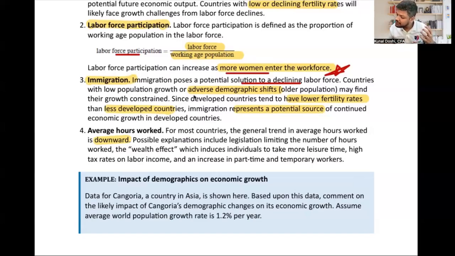Possible explanations include legislation limiting the number of hours worked, the wealth effect, which means individuals take more leisure time, isn't it? And high tax rates on labor income and an increase in part-time and temporary work. So these are the reasons due to which overall the number of hours worked by individuals is going downward.